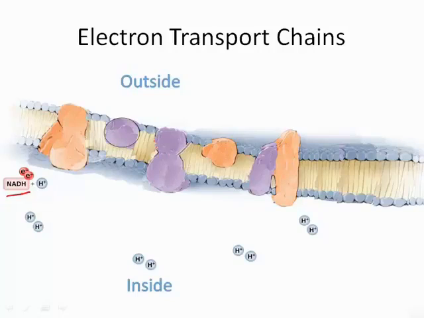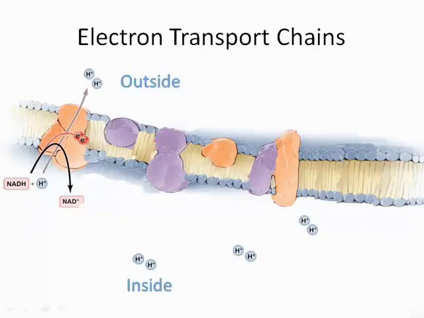Reduced NAD attracts 2 hydrogen ions, so reduced NAD is written as NADH plus this hydrogen ion. NADH delivers the electron pair to the chain, and NADH becomes NAD with a positive charge. With each redox reaction, the electrons lose some energy, which is used to pump protons 2 at a time across the membrane.